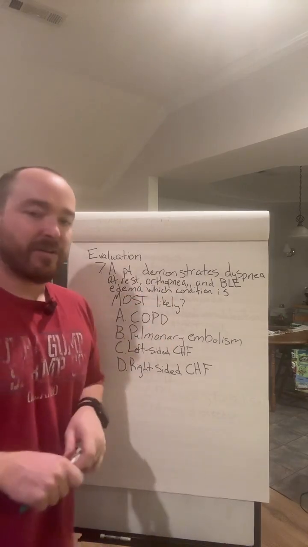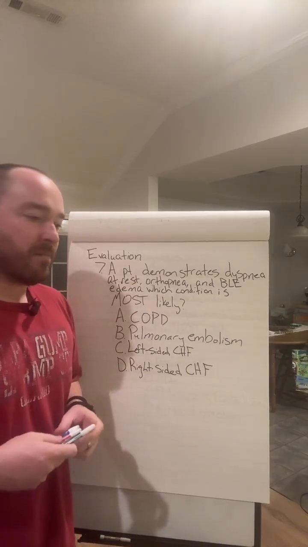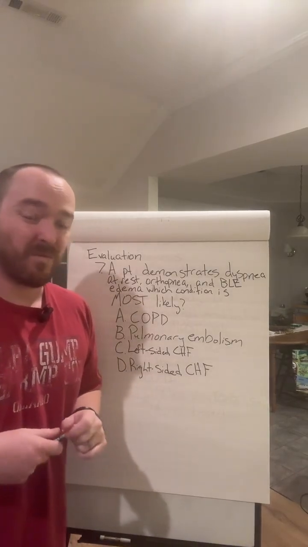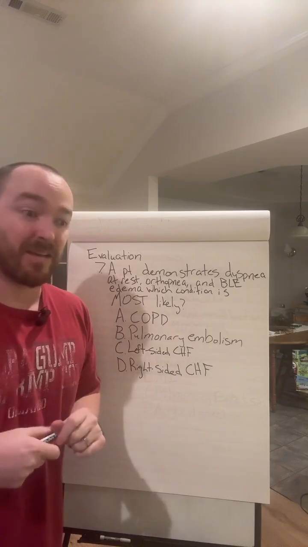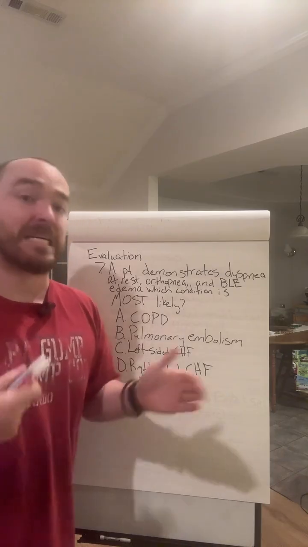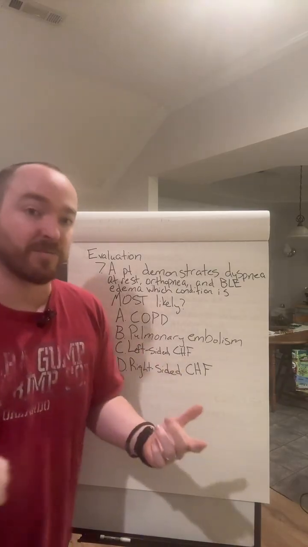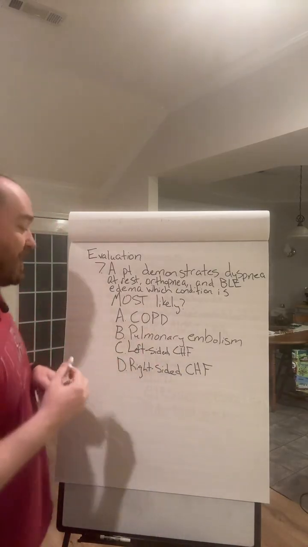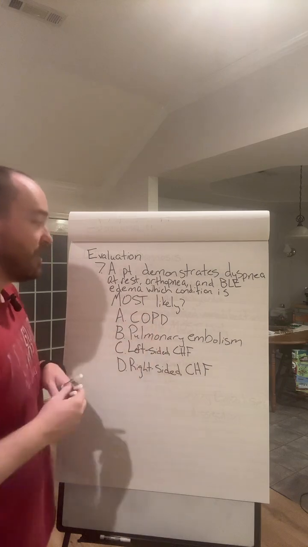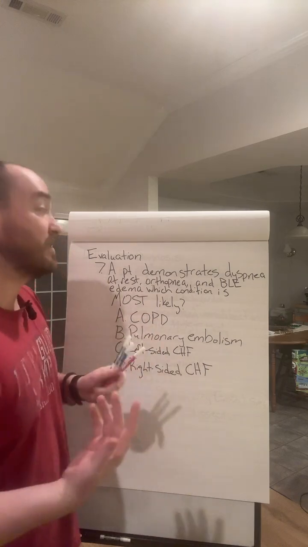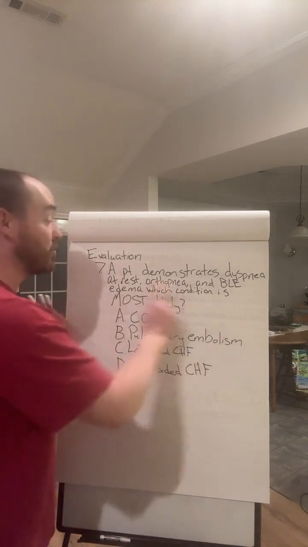With left-sided CHF, I would expect more like the paroxysmal nocturnal dyspnea, right? So when they lay on their back and wake up in the middle of the night and have to sit up or stand up to catch their breath, things like that. They say sleeping in a recliner makes me feel better. I would expect that out of left-sided CHF. So it's more of the cluster of things like you guys just mentioned, and bilateral lower extremity edema.